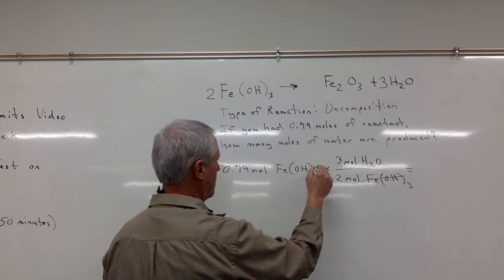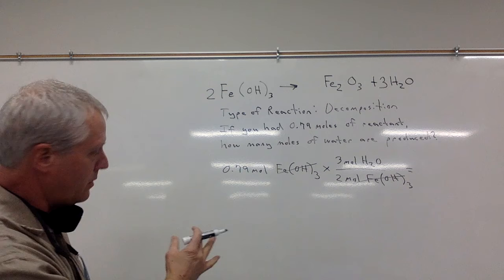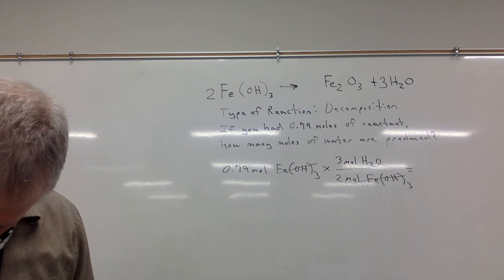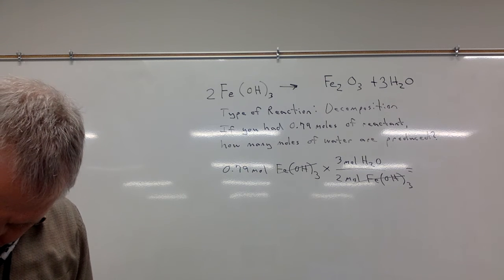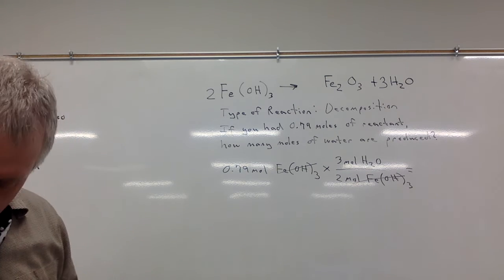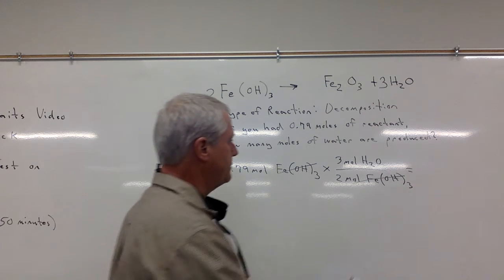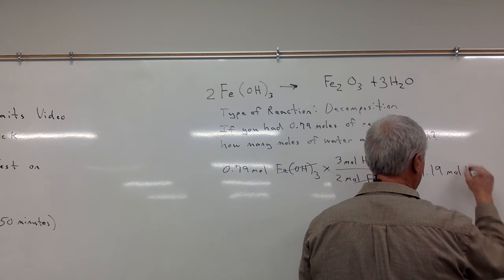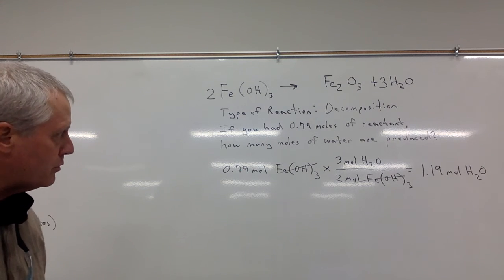This would cancel and this would cancel here, and that would leave us with water. And when we do the math, it turns out to be 1.19 moles of water. Okay, and so that then is the solution to the problem.